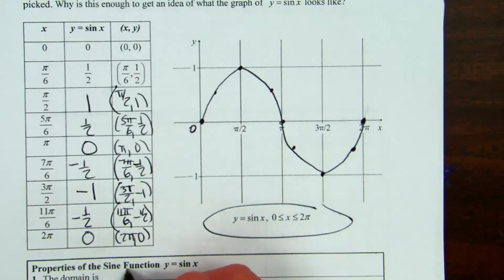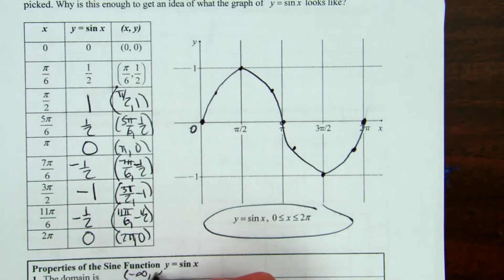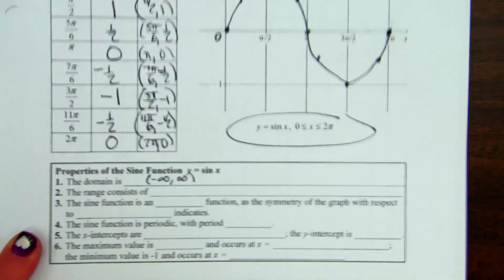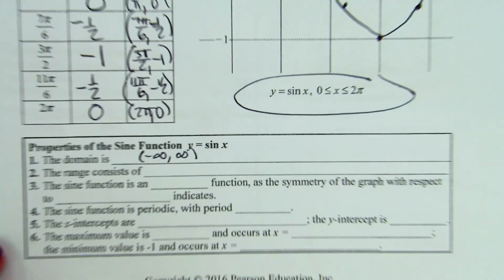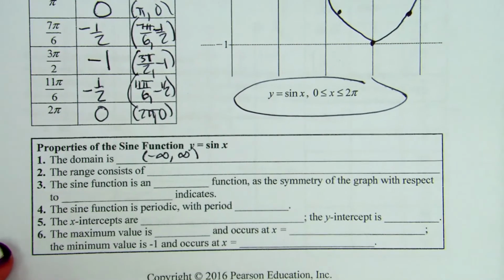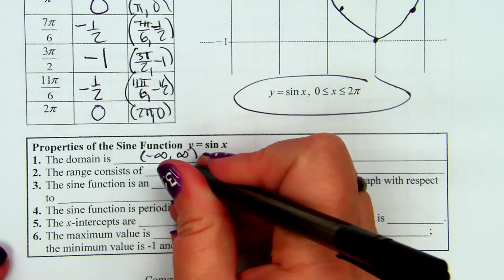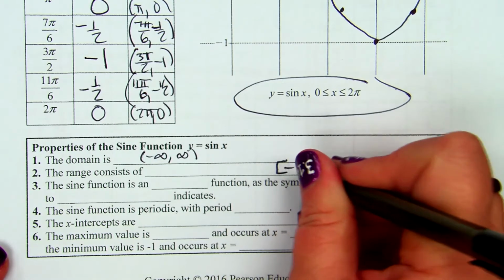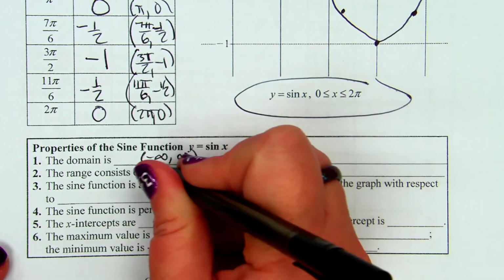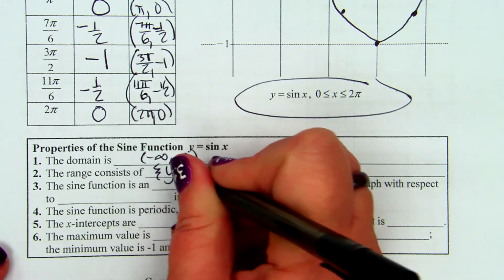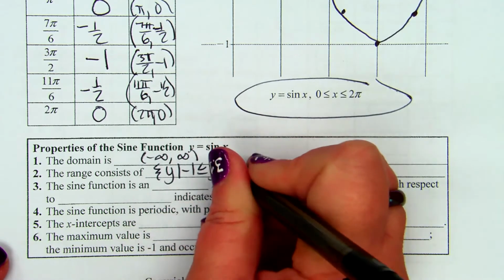So the domain is all real numbers. The range is between negative 1 and 1. So all our numbers y such that y is between negative 1 and 1.